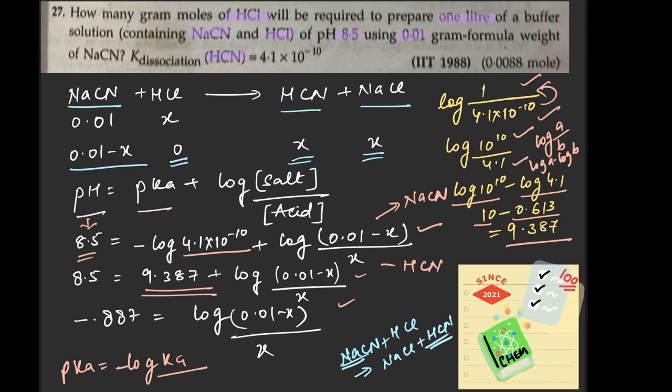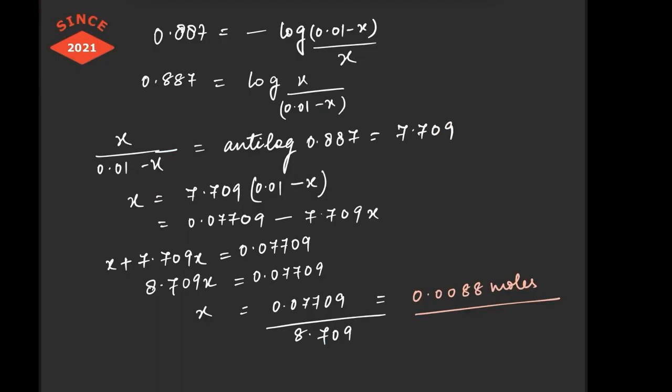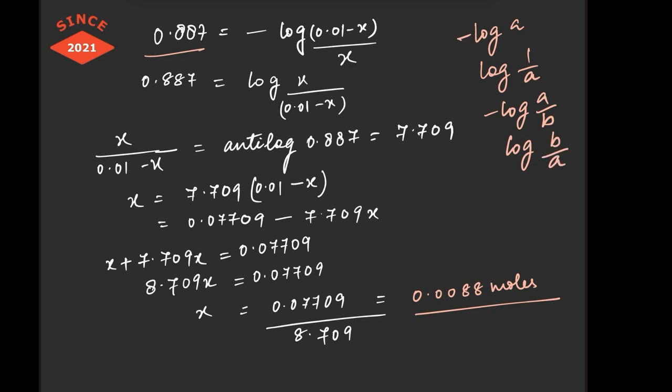Taking 9.387 to the left hand side of the equation, 8.5 minus 9.387 is minus 0.887, which is equal to log (0.01 minus X) by X. This can also be written as 0.887 is equal to minus log (0.01 minus X) by X. Minus log A can be written as log 1 by A, or minus log A by B can be written as log B by A. So here 0.887 is equal to log X by (0.01 minus X).